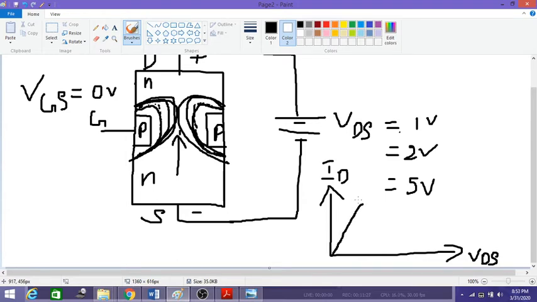At some point when VDS becomes too large, the width of the depletion region becomes too wide, so it touches each other. This point we call the pinch off voltage. At that point the current becomes constant like this. This point we call VP, that is pinch off voltage, and this current we call IDSS.